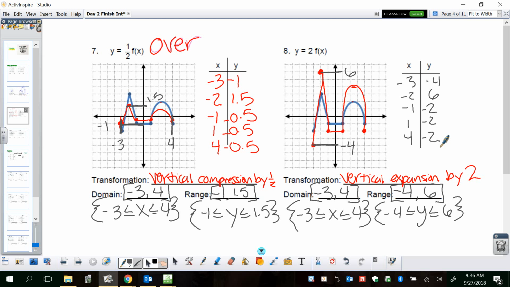Y'all should be looking at number 9, not at your phones. Y'all will not die without your phone all period. I know. It's crazy. The separation will be exhilarating. Yes. Oh, dang it.